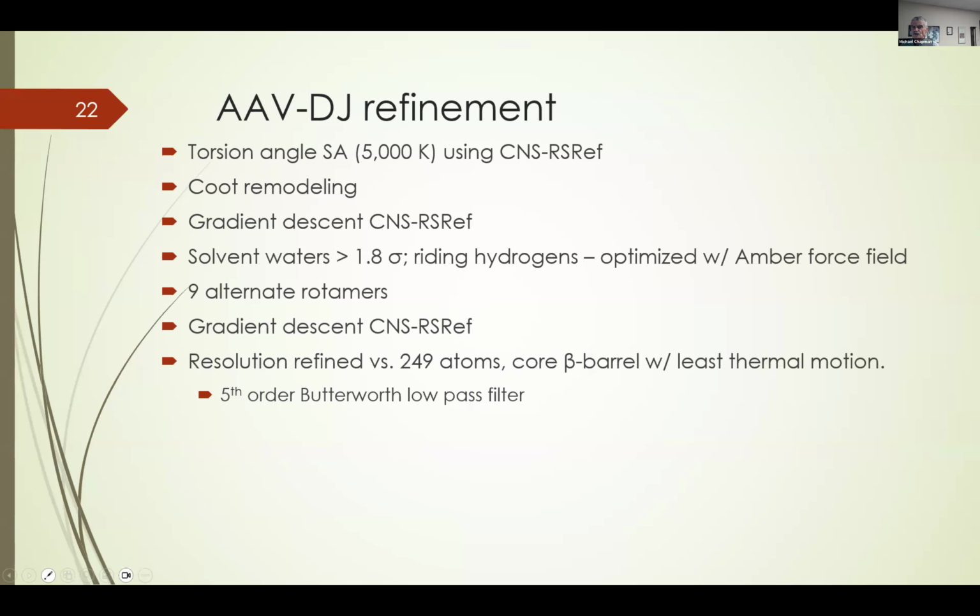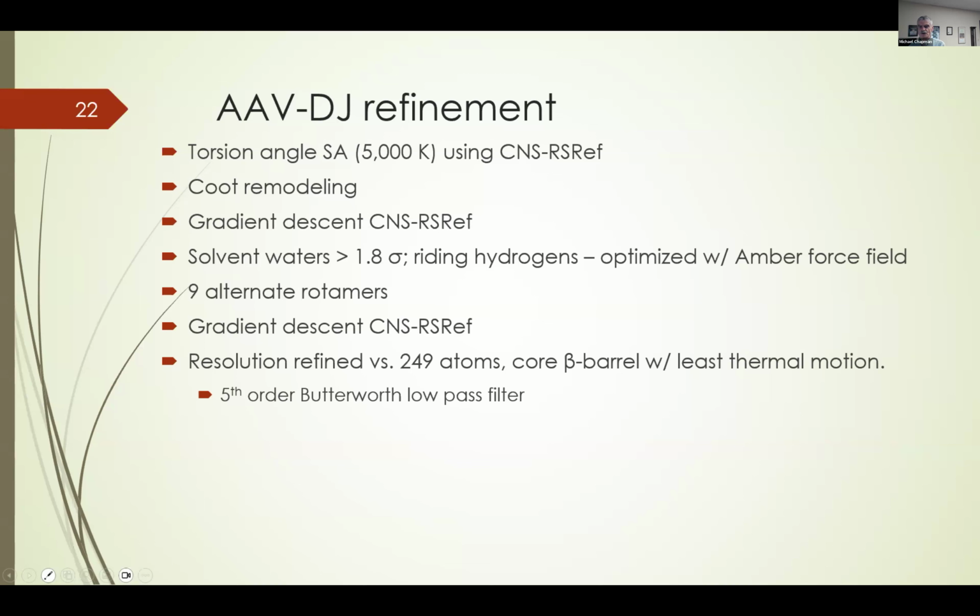We then refined the effective resolution by using only the most ordered part of the structure, the core strands of the beta barrel, and refining this against the fifth order Butterworth parameters, we got a resolution of 1.44 angstrom.